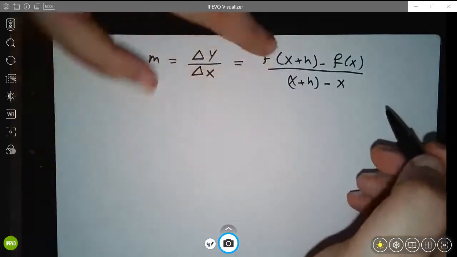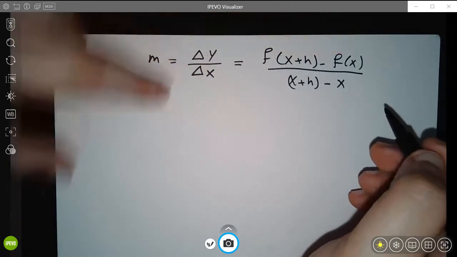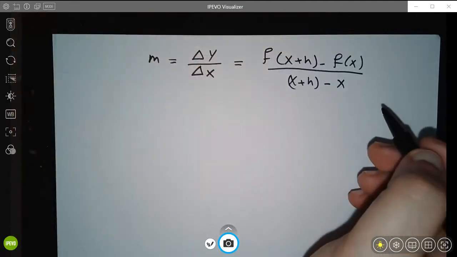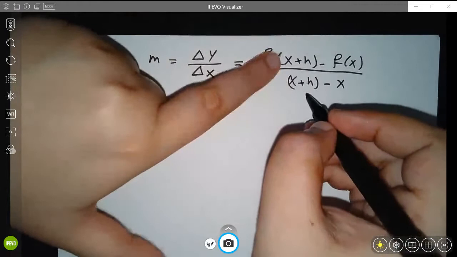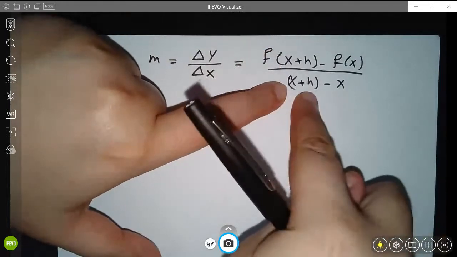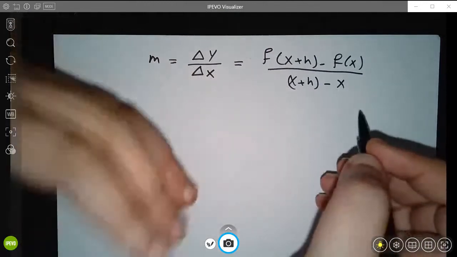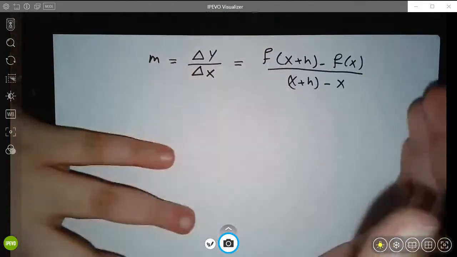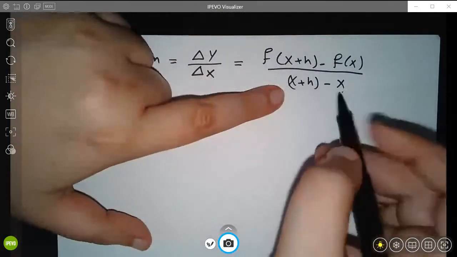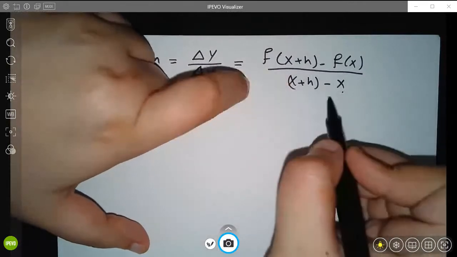Instead of f of x2 minus f of x1 over x2 minus x1, I wrote x2 in the form of x1 plus a number, because that's what it is. For example, if the 2 points I was talking about for x were the points 1 and 2, then this would be 1, and that would be 1 plus 1 to make it 2.